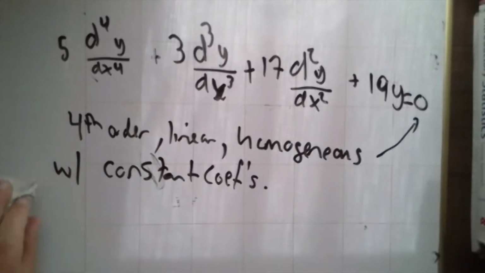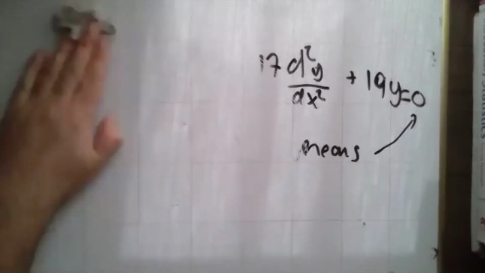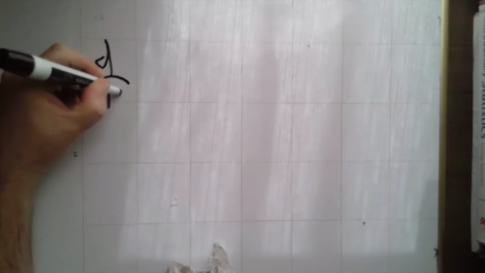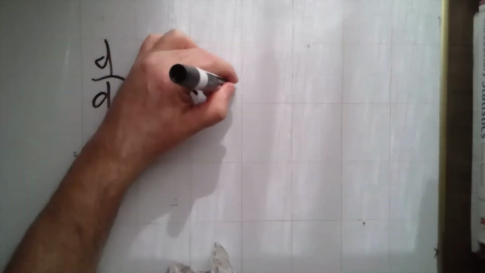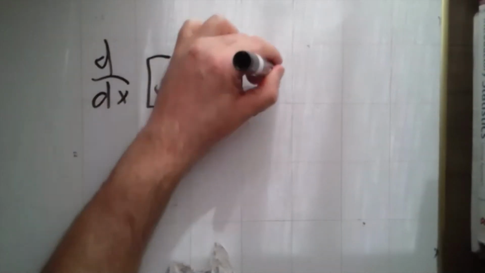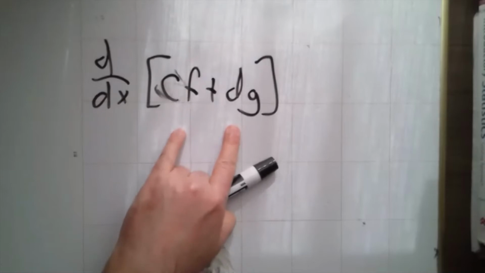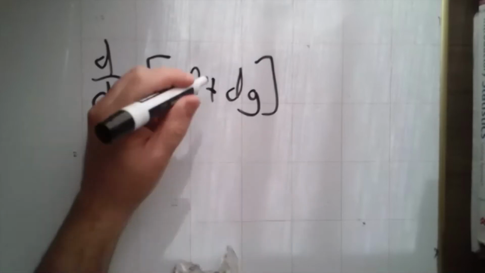Okay, so because of the linearity of the derivative operator, the derivative is a linear operator, meaning it distributes over sums and you can pull out constants. The derivative with respect to x of something like c times f plus k times g, where c and k are coefficients, constants, f and g are functions.